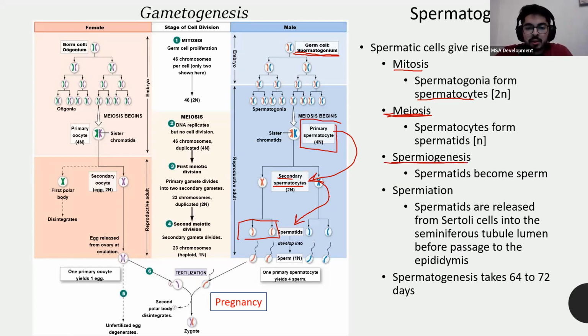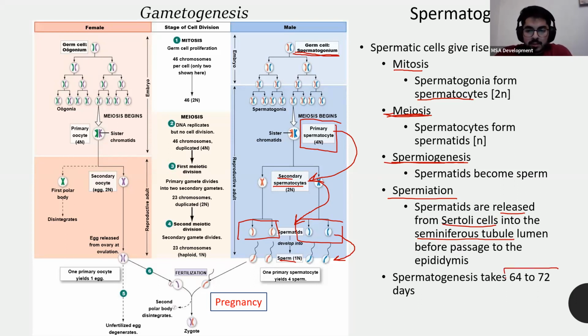Spermiogenesis is basically the differentiation or the modification of these spermatids that look like normal cells into these sperm-looking cells, which are called sperms. The final step of spermatogenesis is spermiation, which is basically the release of the sperms from the Sertoli cells into the seminiferous tubules. It's a very short step and very easy to understand.